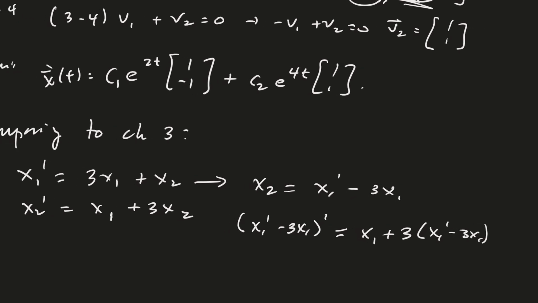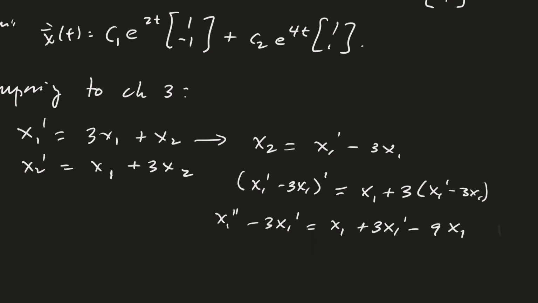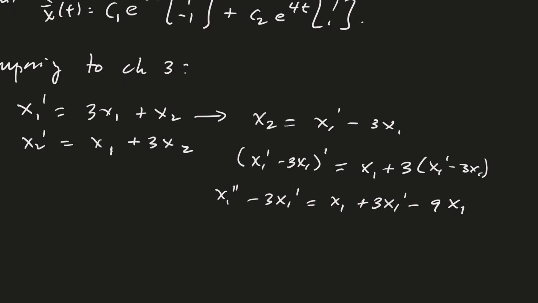And now let's go ahead and simplify that. x1 double prime minus 3x1 prime equals x1 plus 3x1 prime minus 9x1. Good. And now we get x1 double prime minus 6x1 prime plus 8x1 equals 0.